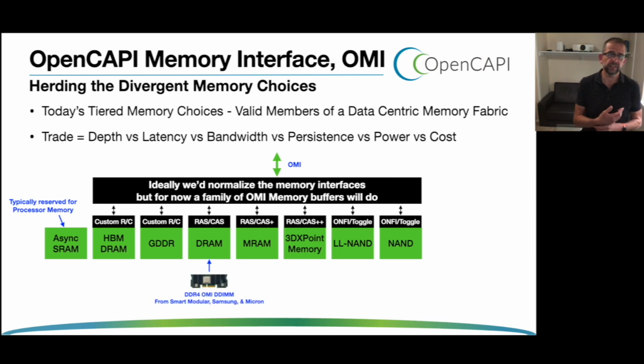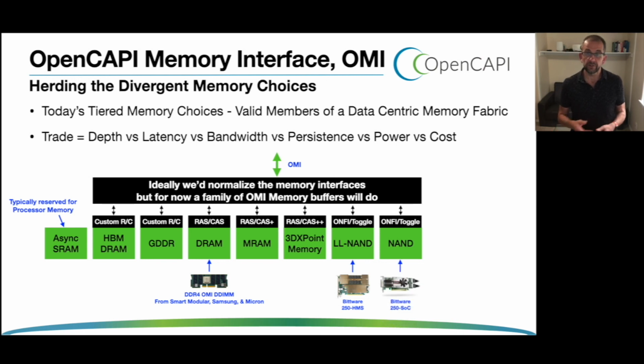So obviously the DDR4 OMI DDIMM is the critical one to get in place, and the latency is pretty fundamental on that one. That's available today from Smart Modular, Samsung and Micron. And Bittware's 250 HMS has given us access to low latency NAND on the OpenCAPI bus.